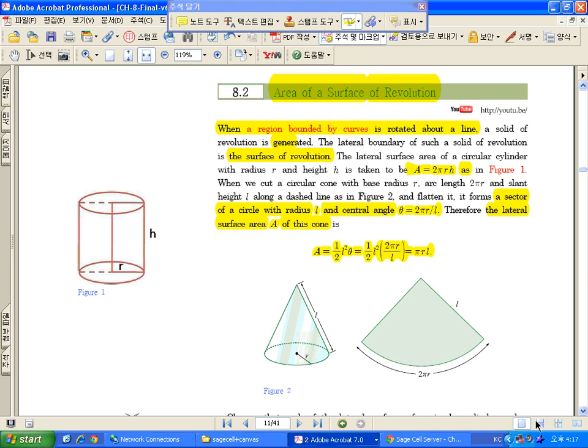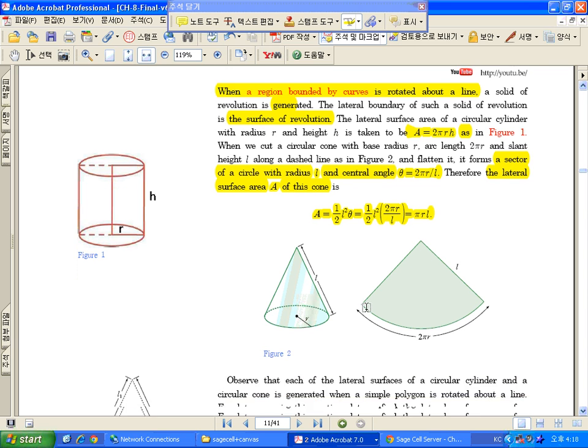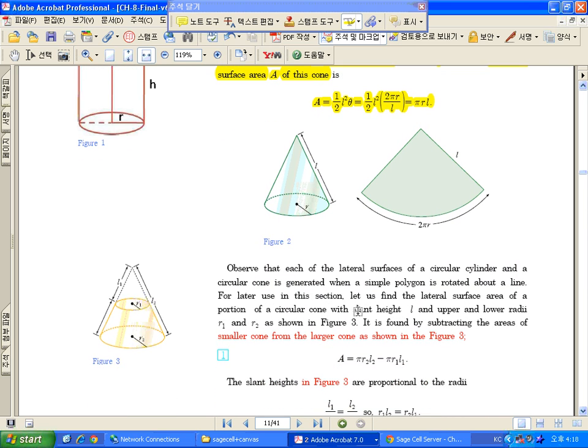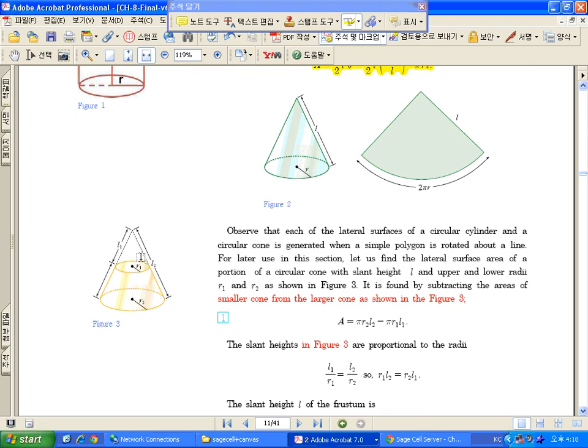So we have pi times r times L, like this. And theta is here. Then think about the small piece of this cone, like this in figure 3.